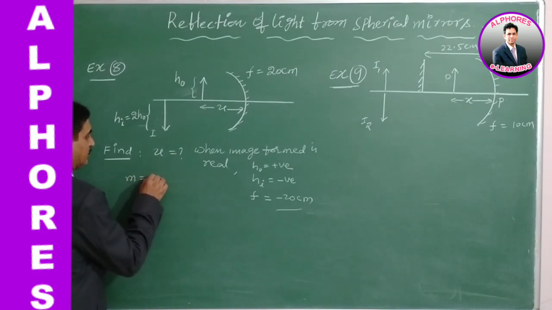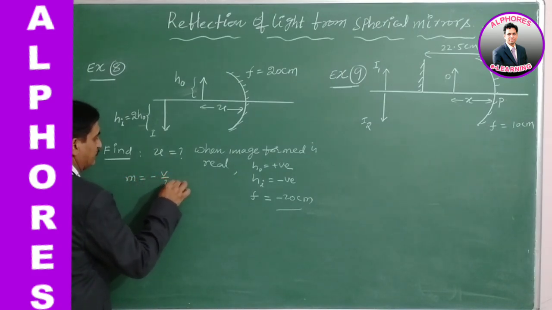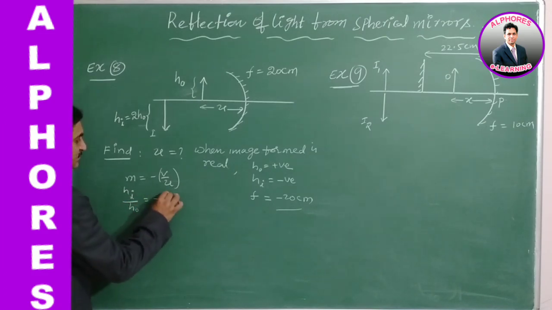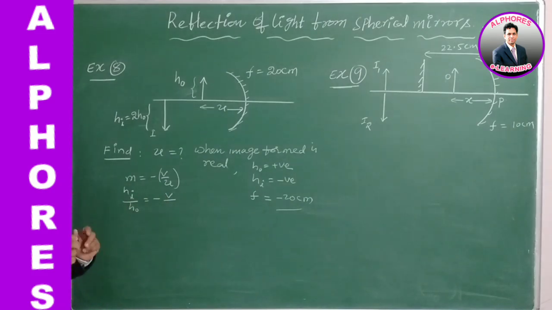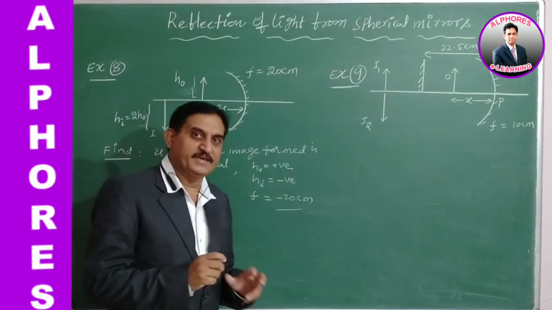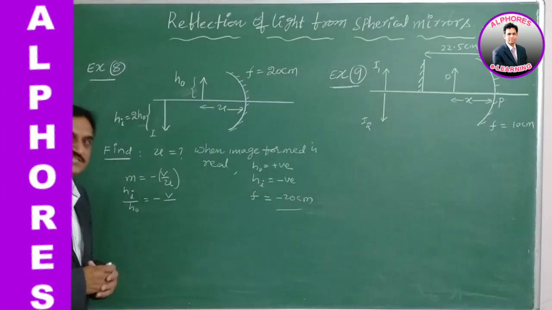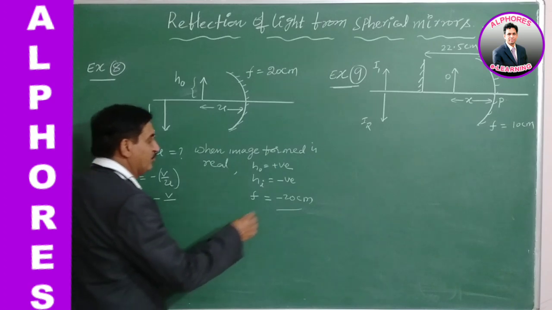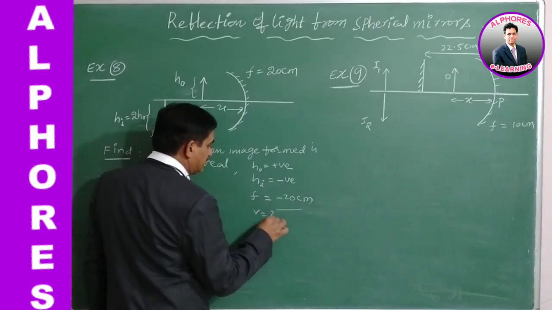So let us go for the magnification formula. Magnification m is equal to minus v by u. Now m is equal to hi by h0, which is equal to minus v by u. Let us first find the v value, the position of the image. We don't know the position of the image and we are going to find it, so no need to use the sign convention for it.